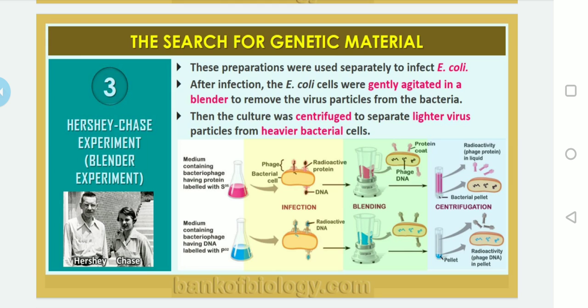After the infection, the E. coli cells were gently agitated in a blender to remove the virus particles from the bacteria. Then the culture was centrifuged to separate the lighter virus particles from the heavier bacterial cells.